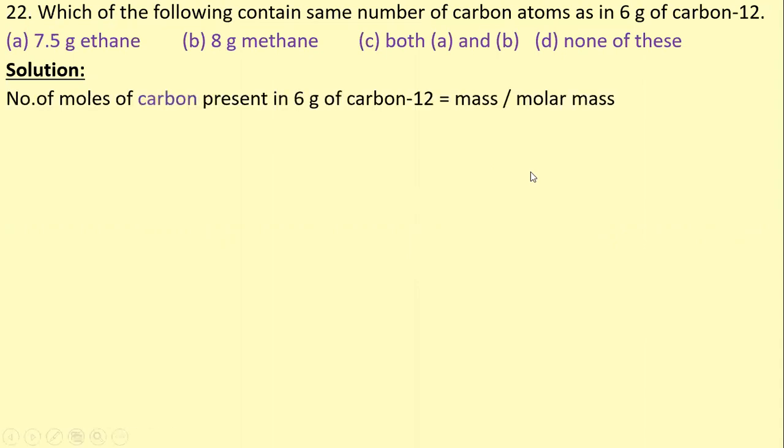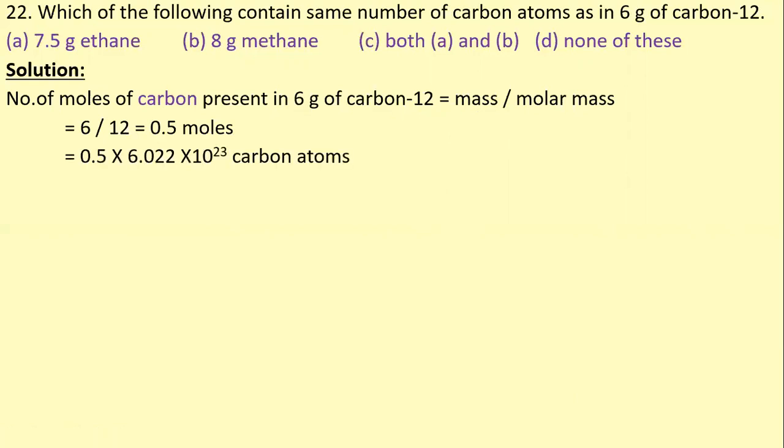See here, first we have to check the number of moles of carbon present in 6 gram of carbon 12. We all know moles is calculated by mass divided by molar mass. Here the carbon mass is 6 gram and the molar mass is 12. Once we divide, we get the answer 0.5 moles.